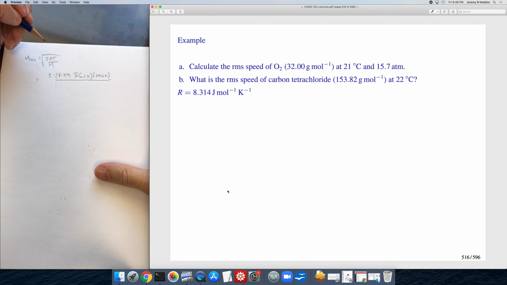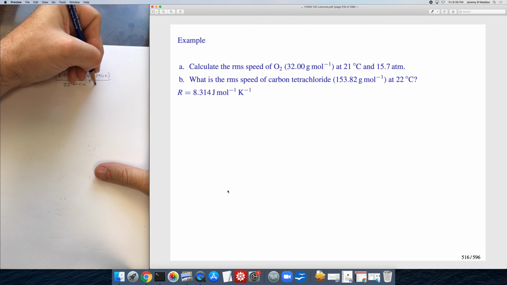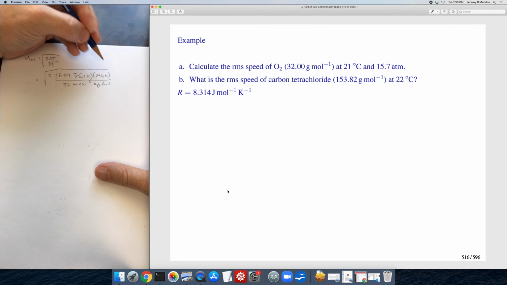So we need to take that to be 32.00 times 10 to the minus 3 kilograms per mole. That's the molar mass in kilograms per mole, not in grams per mole. We need that in order to get the units to work out.